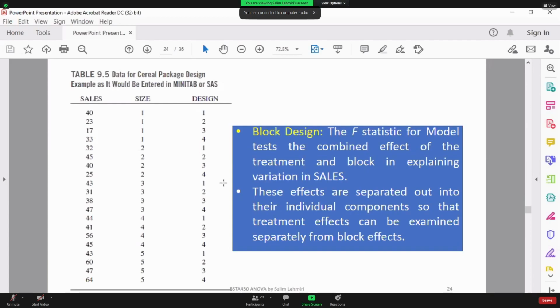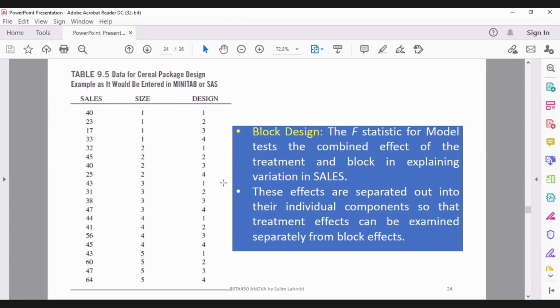We separate the hypothesis tests. This is very important.